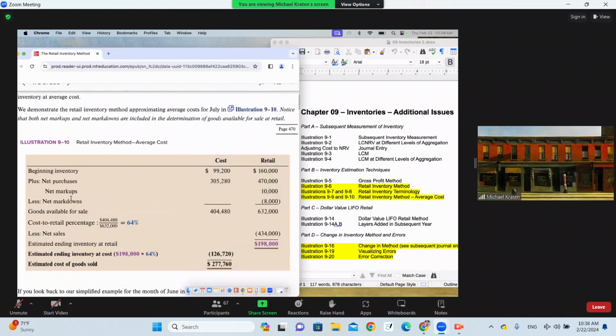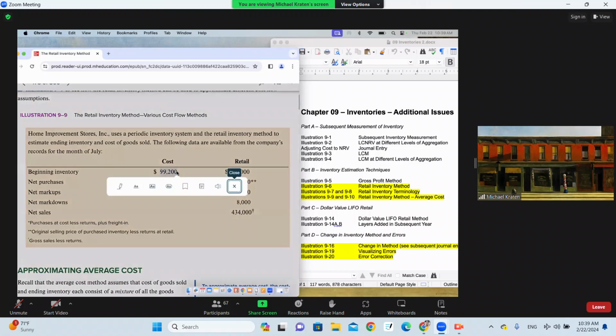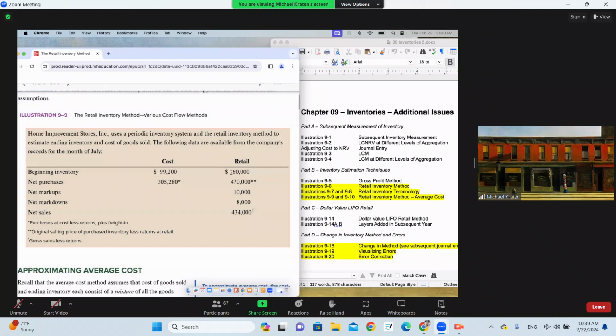9.9 and 9.10. Okay, they're really part of the same problem. 9 are the givens. I began with a certain amount of inventory that cost me money to buy. And since I want to make a profit, the retail price, what I hope and expect to sell it for, is going to be a bigger number.